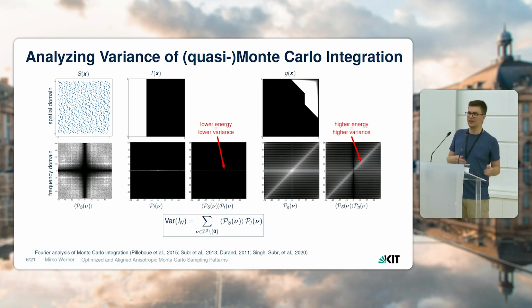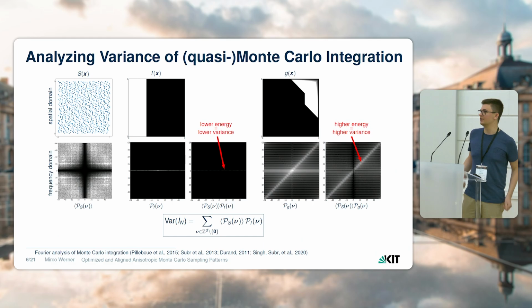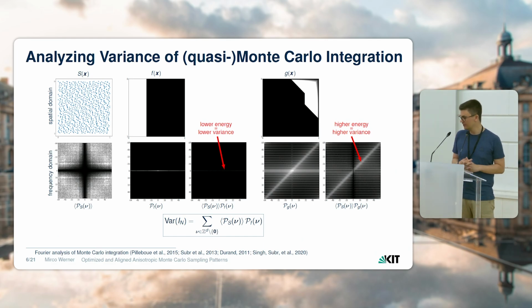In contrast, if you have a different function you want to integrate, and it doesn't match that well with the power spectrum of the sampling pattern, you still have high energies left, which means that the second Monte Carlo estimator with the same sampling pattern and the same number of samples suffers from higher variance.